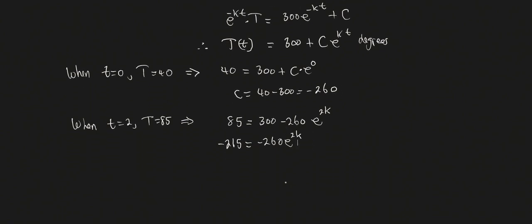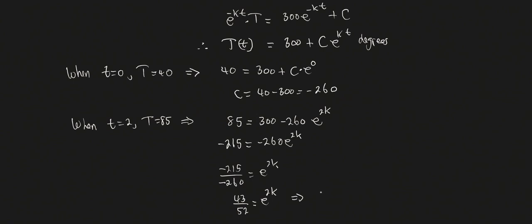Divide both sides by negative 260. So we have negative 215 divided by negative 260 is e to the 2k. And obviously the negatives go away, and this reduces to 43 over 52. That's our e to the 2k. And then take the natural log of both sides.